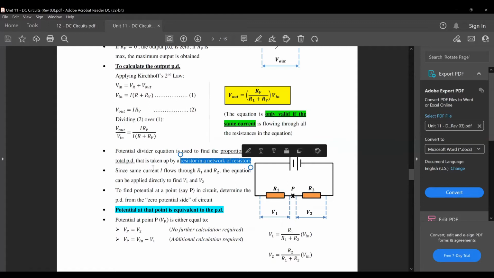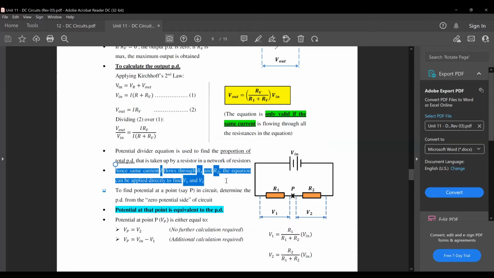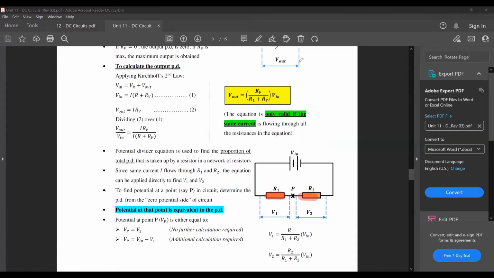In other words, okay. Now, if you look at the second diagram here, since the same current I is actually flowing through R1 and R2, I can apply the potential divider equation straight away to them. I can see that for R1 and R2, the same current flows through them.